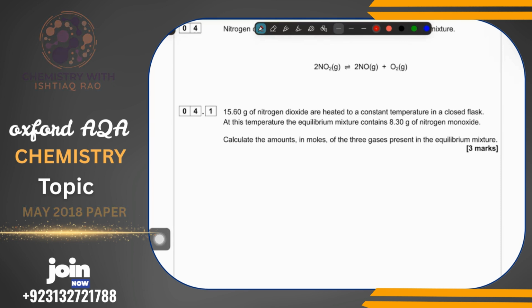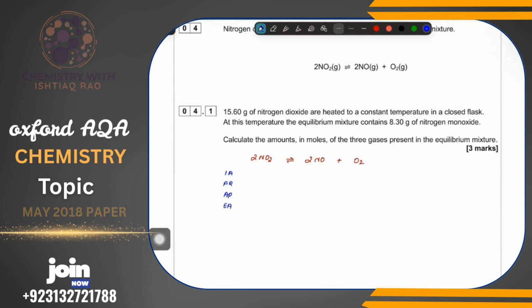First of all, 2NO2 gives 2NO plus O2. I can find either of them, and then O2 I can find from the cross multiplication, or the molar ratio.